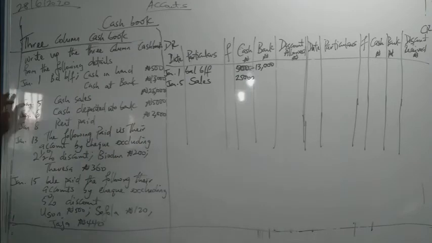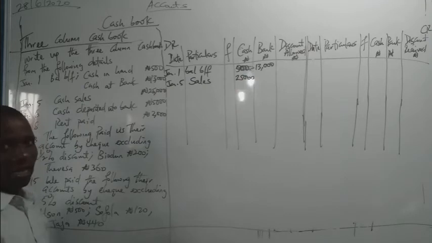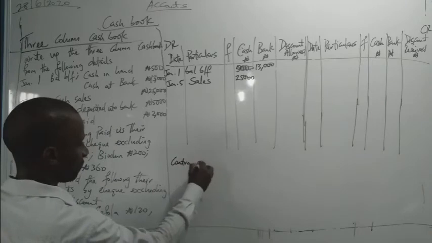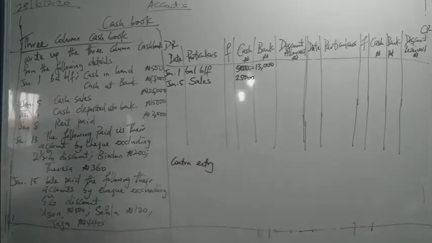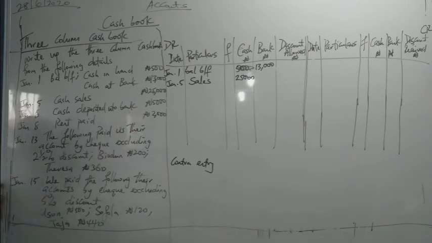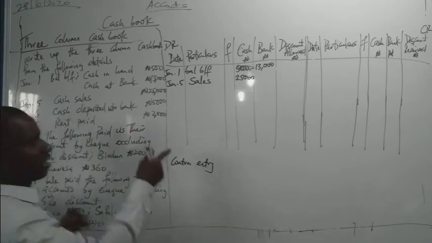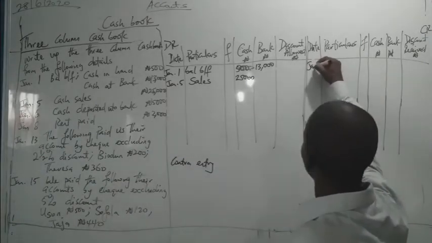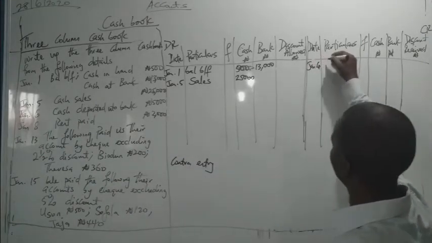Okay? The next one. Cash deposited into bank. What kind of entry? Can you remember? Okay, contra entry. Very good. Contra entry. And how is the movement made? Which account is giving? Which account is receiving? Cash is deposited. That means cash is given out. The cash you have on hand is given out, while the cash at bank is receiving. So this one that is given out, we will come and put it here, January 6th.